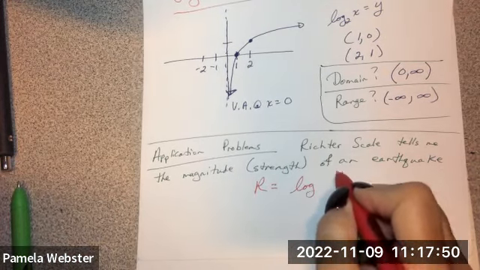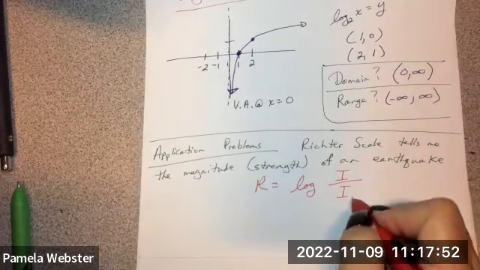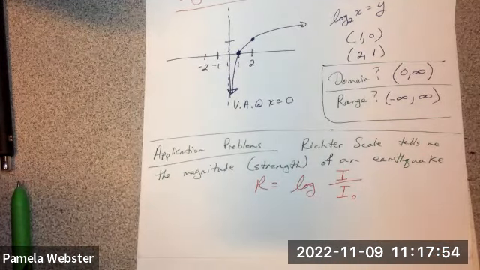Logarithm of I divided by I sub 0. And what it says is I sub 0 is the intensity of a barely felt 0 level earthquake. And the I that we're looking for here is the intensity of the earthquake that's currently happening or that we're examining.